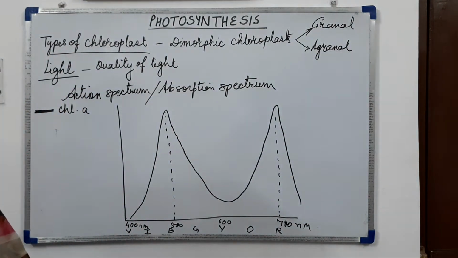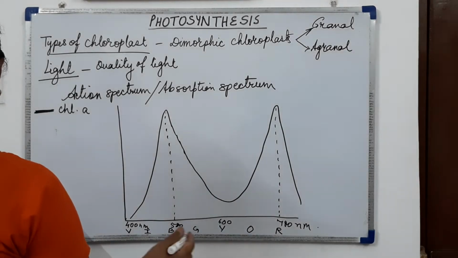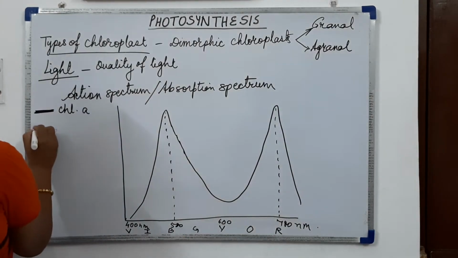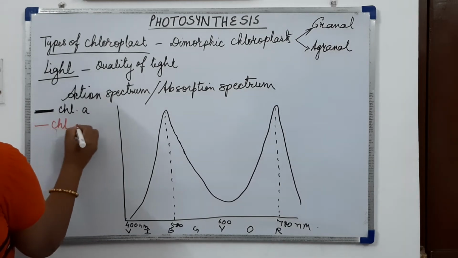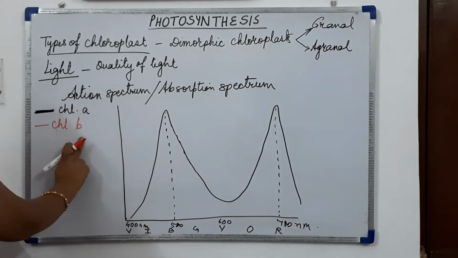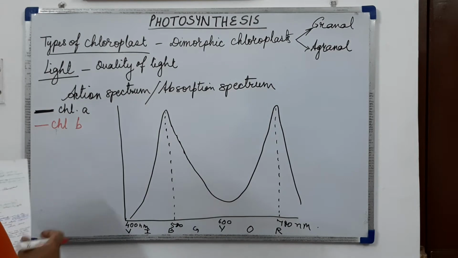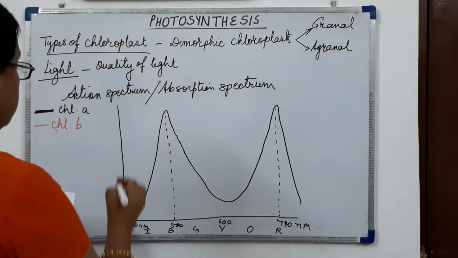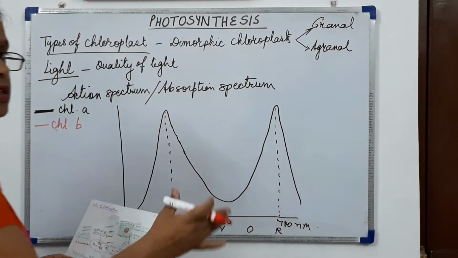Then if we see the other graphs, suppose chlorophyll B, I am drawing with the red color. So chlorophyll B is also a little bit similar.